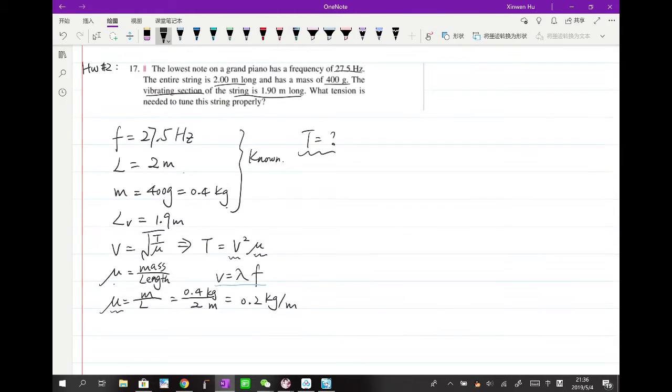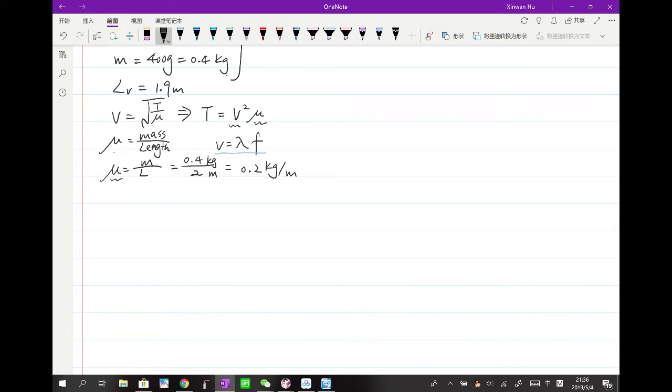In this problem, you know the vibrating section is 1.9. So the vibrating section of the string, we say is this length maybe. So I will say it is 1.9 meter. And we know it's vibrating, so it should vibrate like this, maybe.